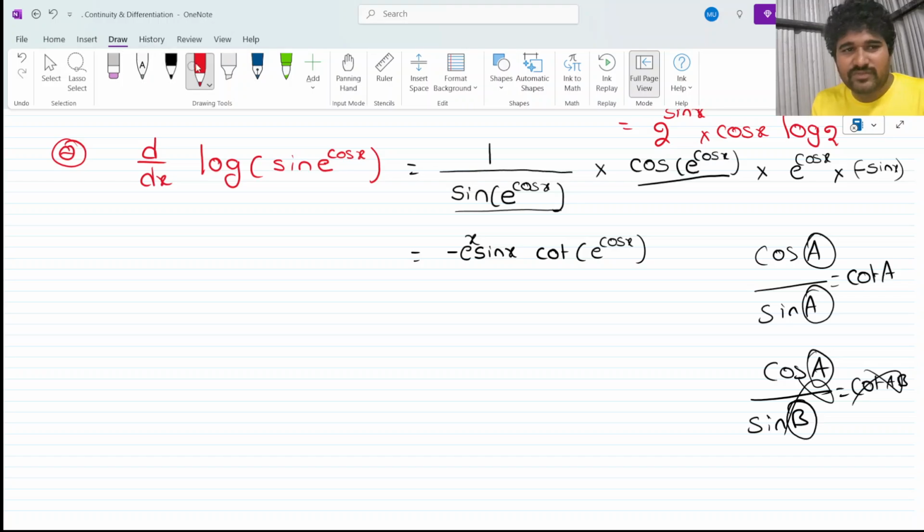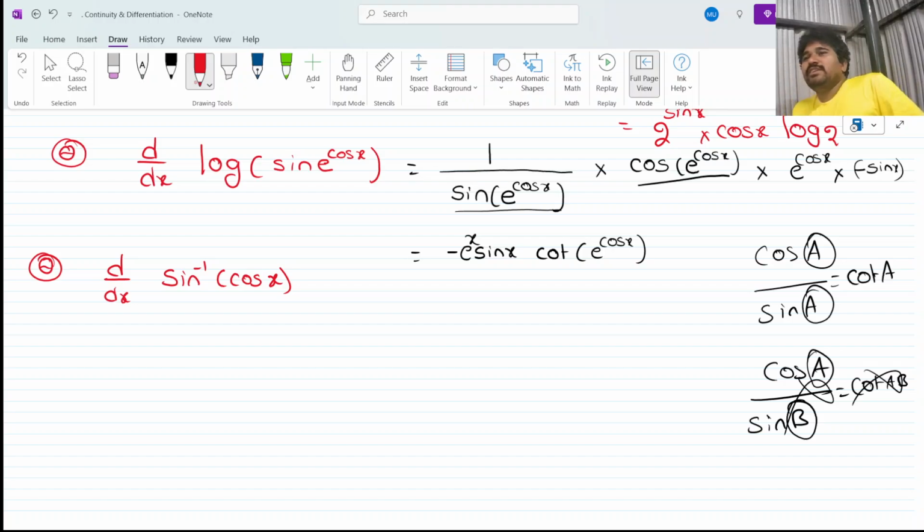Write down this question once. D by dx of sin inverse cos x. So what will be written here? Can you tell me? Sin inverse differentiation is 1 by root of 1 minus x square, I have to write.